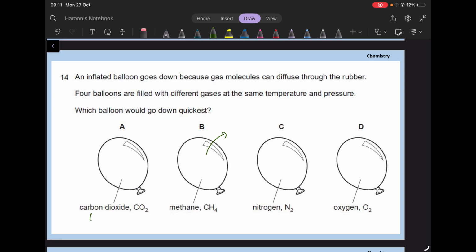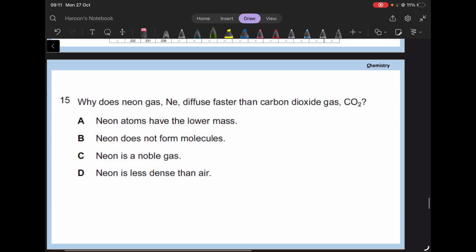So for this first one, 12 plus 2 oxygen, 16 times 2, 44. This would be 12 plus 4, 16. This would be 28, basically 14 times 2, and this would be 16 times 2, which is equal to 32. So the smallest would be B, the smallest mass, so fastest diffusion, so it goes down the quickest.